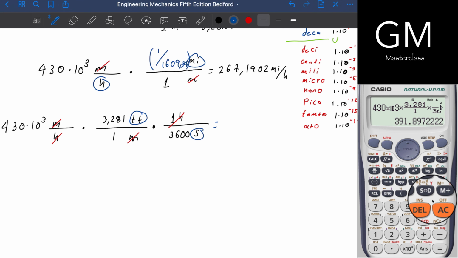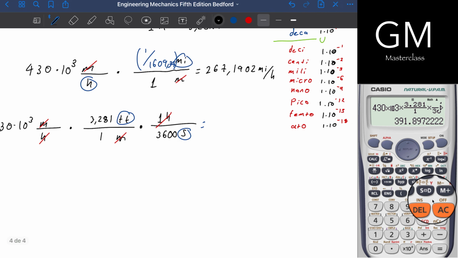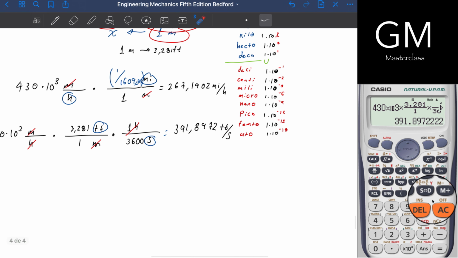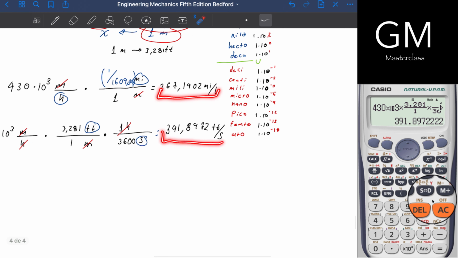So the result is 391.8972 feet per second. And that is the result, guys.